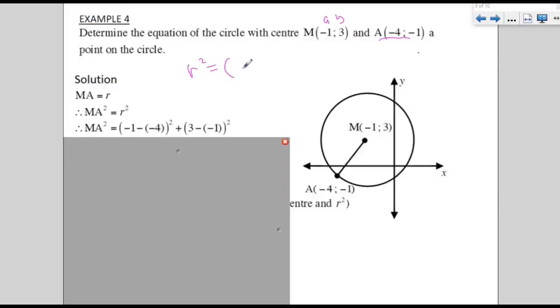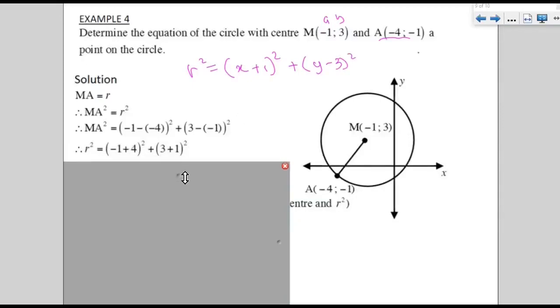It is equal to x plus 1 squared plus y minus 3 squared, directly from there, and then substitute your given point. So your point is A, which is minus 4 and minus 1.